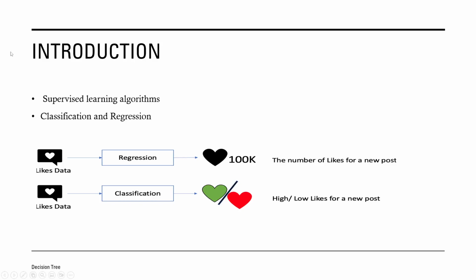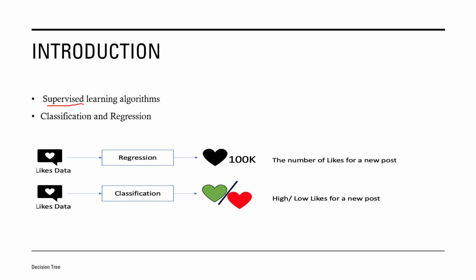This is a very old and famous algorithm. It is used for classification and regression. Also it is a supervised machine learning algorithm. We know that supervised means whenever we train our model, we give both feature and label together so the machine learns from the label.